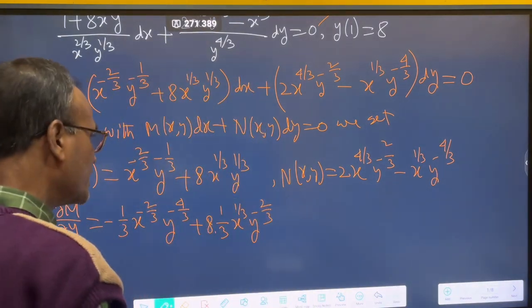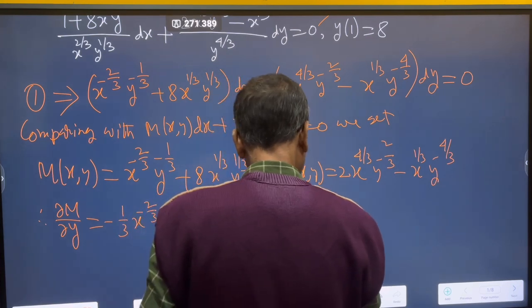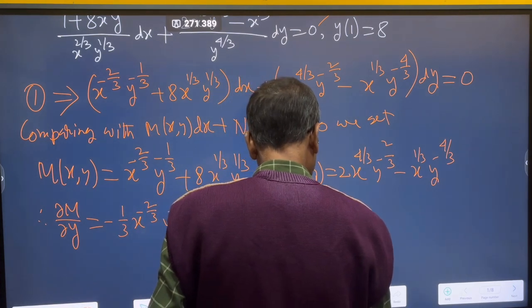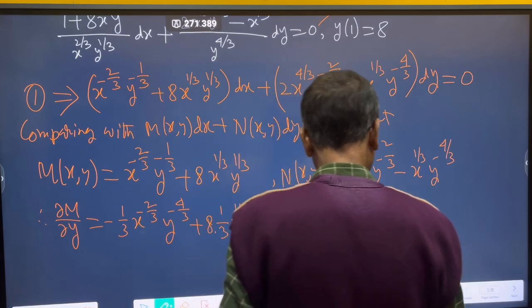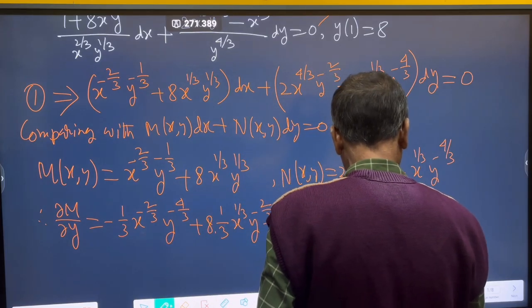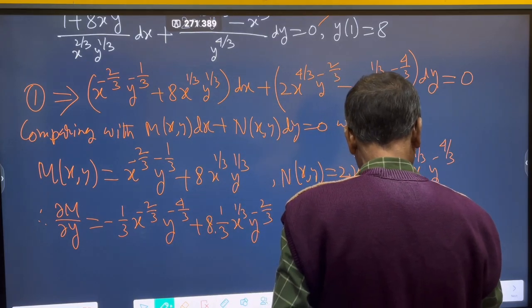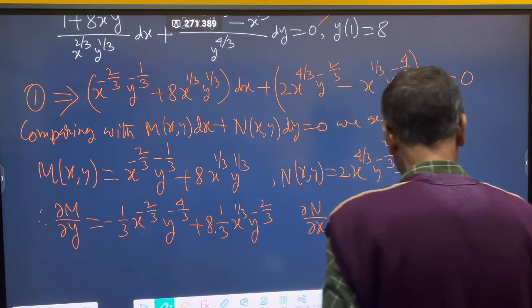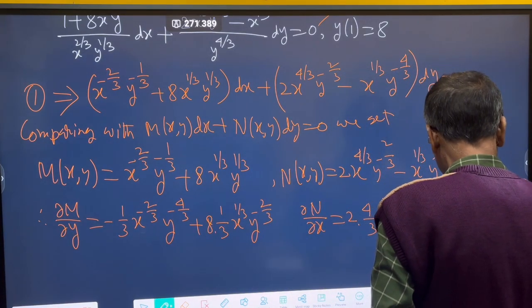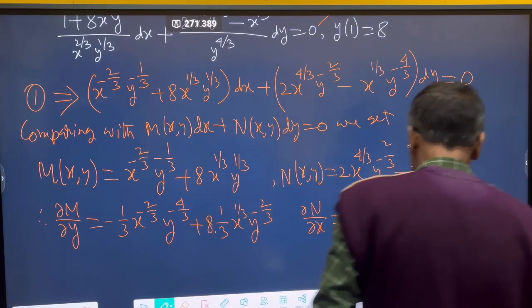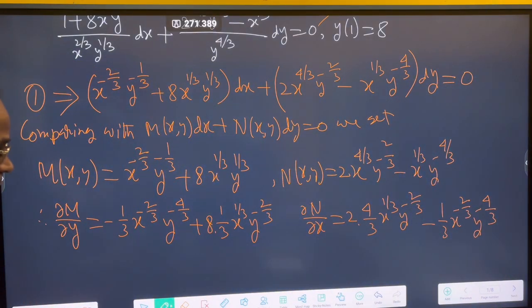And del N by del x, you will get 2 into 4 by 3 x to the power 1 by 3 y to the power minus 2 by 3 minus 1 by 3 x to the power minus 2 by 3 y to the power minus 4 by 3.